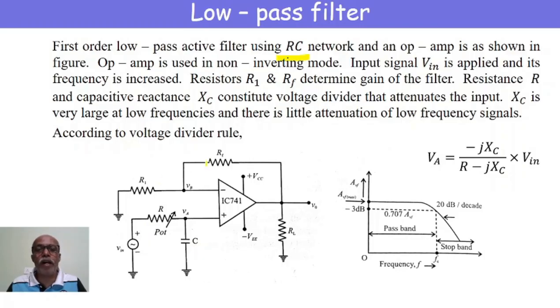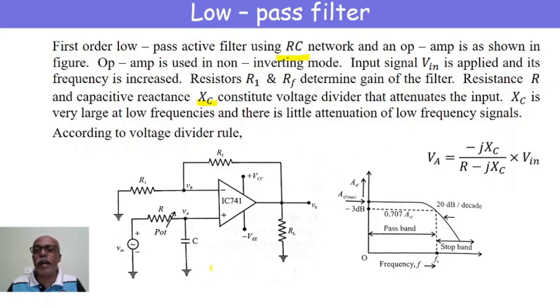Resistors R1 and RF will determine the gain of the filter. The resistance R and the capacitive reactance Xc of the capacitor C constitute a voltage divider.